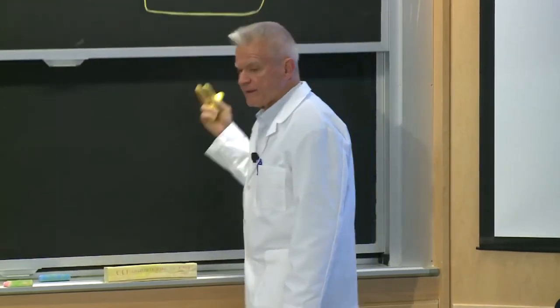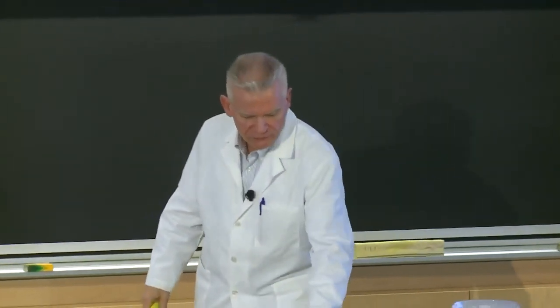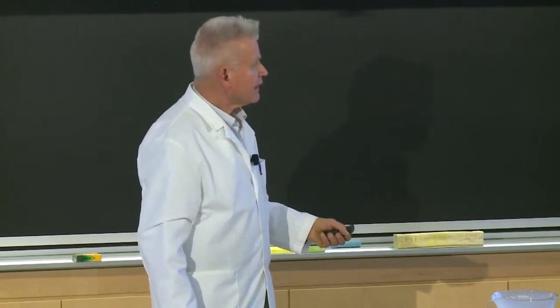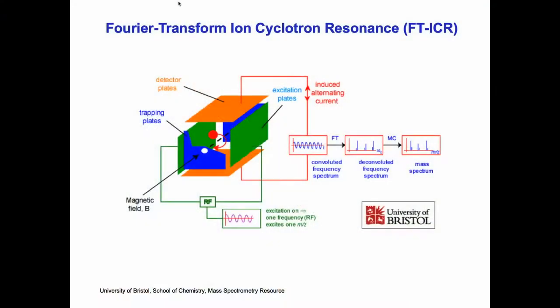Now, the next one, which is also kind of like the Cadillac of all mass spectrometers, is the Fourier transform ion cyclotron resonance instrument. In this instrument, ions are generated the same way as in the other mass spectrometers, but when they're generated, they start to get pumped to different pumping stations.